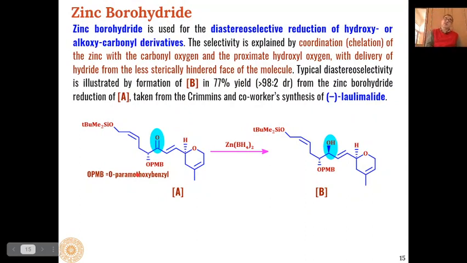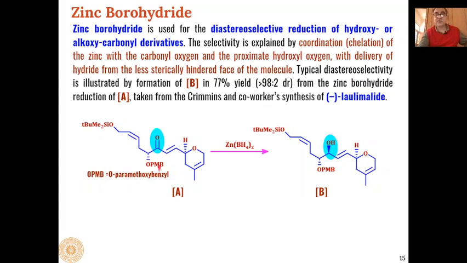Then another important borohydride is zinc borohydride, and zinc borohydride is used for diastereoselective reduction of hydroxy or alkoxy carbonyl derivatives.